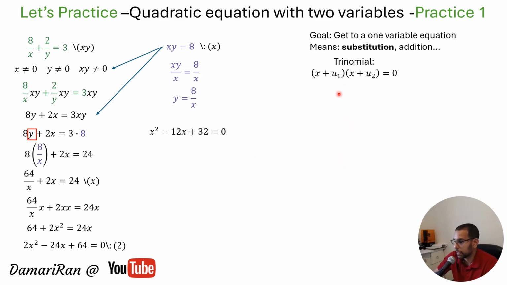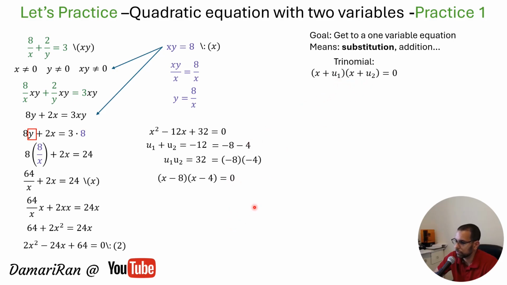So what I'm asking in the trinomial is which two numbers, when I add them, give me minus 12, and when I multiply them, give me 32. I do a little thinking, and I find that minus 8 and minus 4 meet this requirement. So these two numbers, minus 8 and minus 4, are u1 and u2.